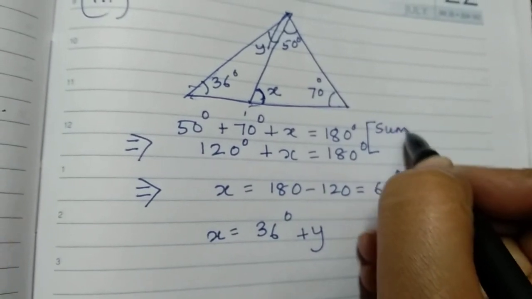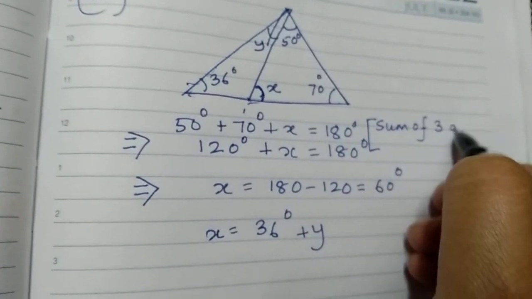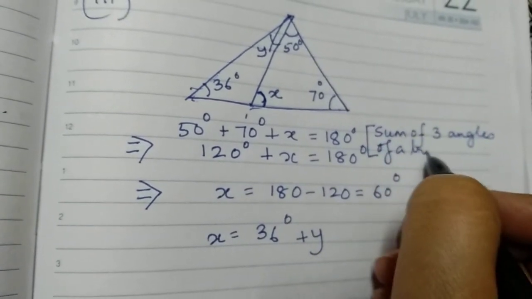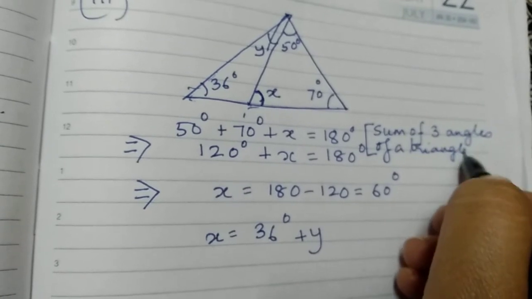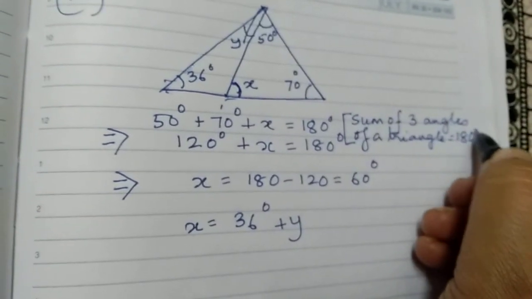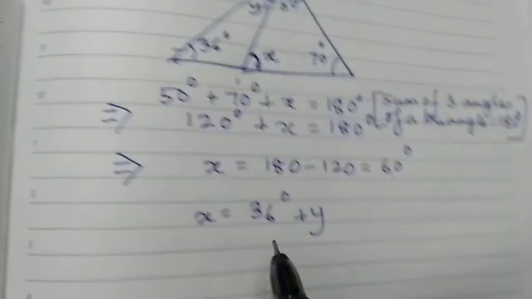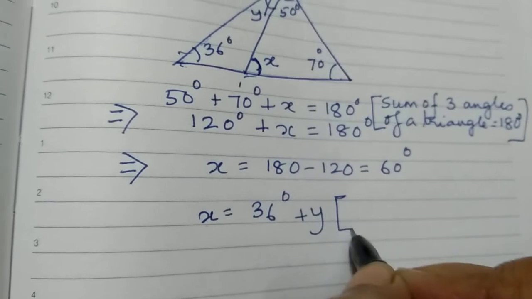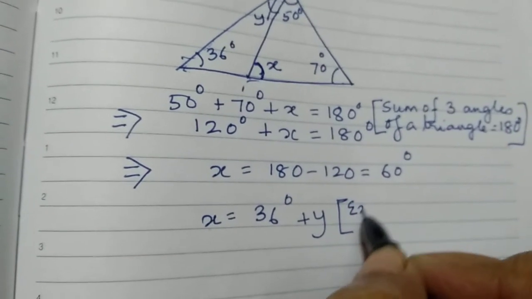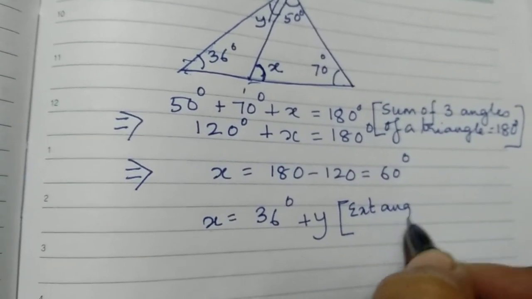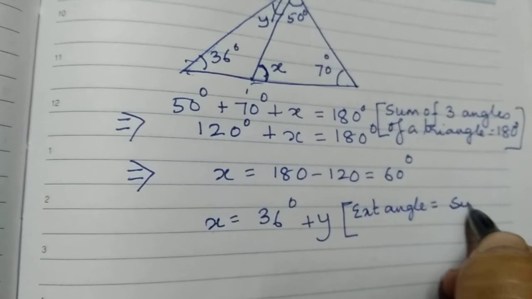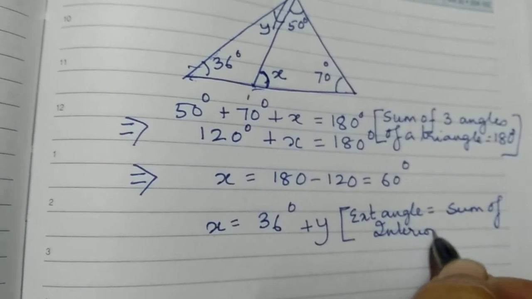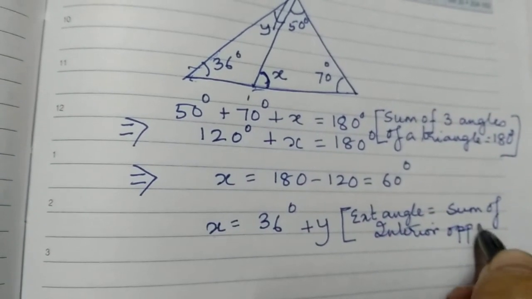That sum of three angles of a triangle is equal to 180 degree. This is x plus 36, x is equal to 36 degree plus y will be exterior angle is equal to sum of interior opposite angles.